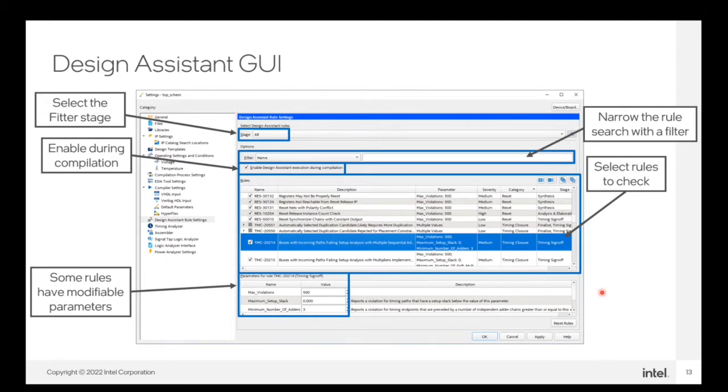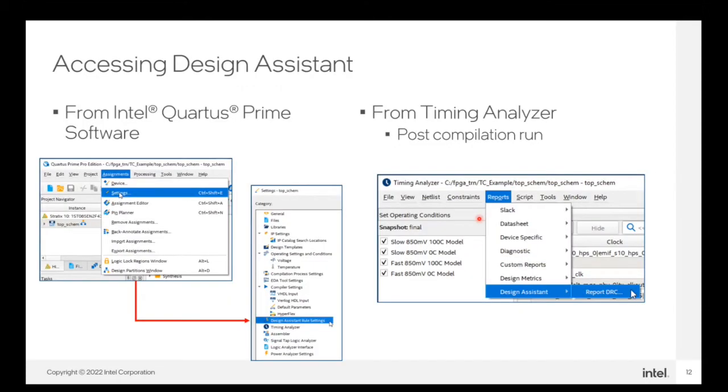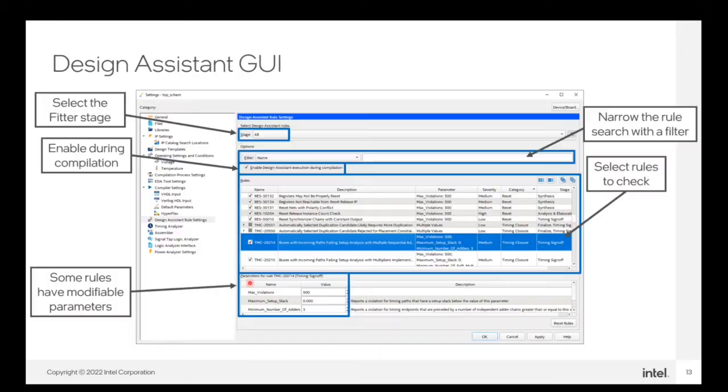Here, when I launched Design Assistant from the Assignments pull down menu, Settings, Design Assistant Rule Settings, this is the GUI that comes up. You can see all the rules that are available. A rule is active for your design when there's a little checkbox listed there.